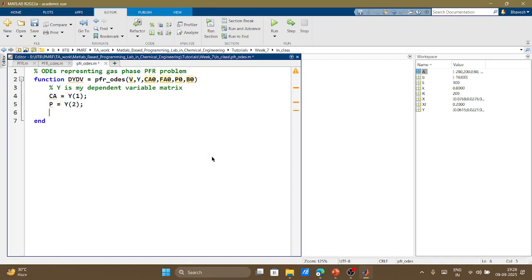Once I extract this information, I find CA.